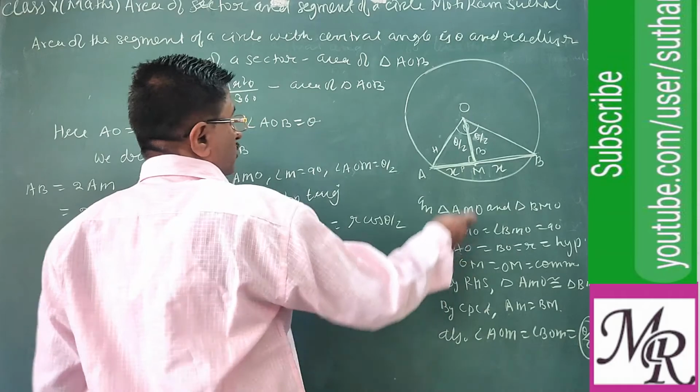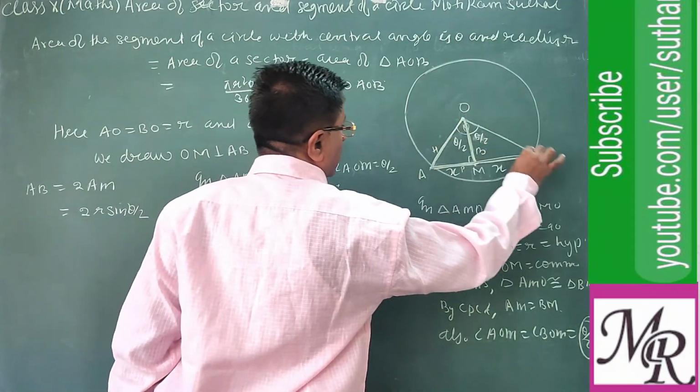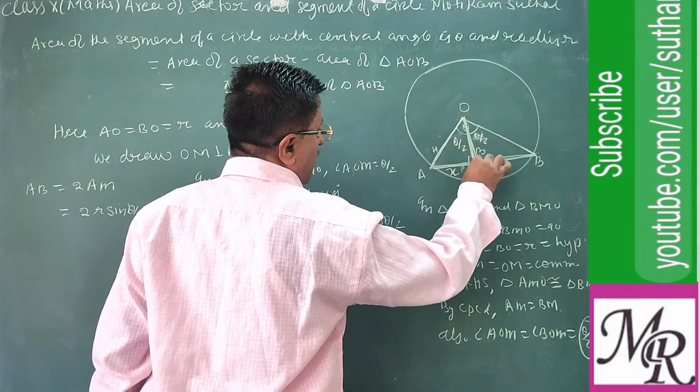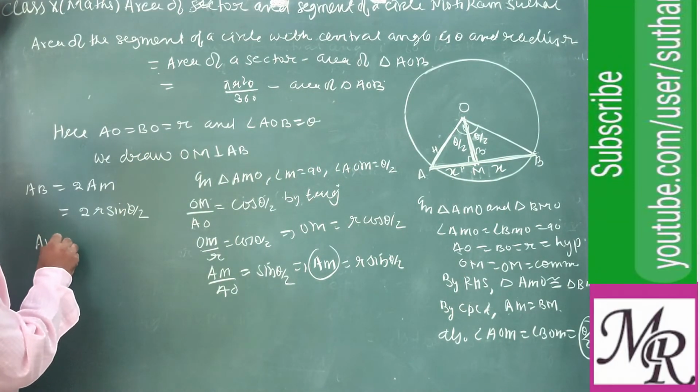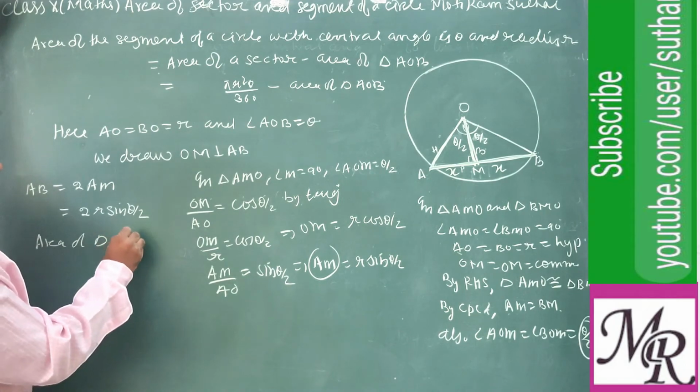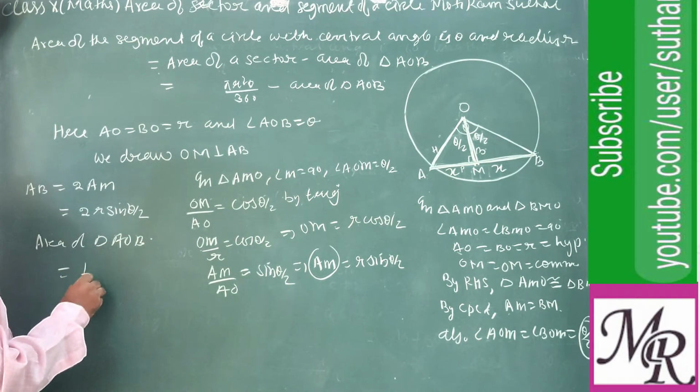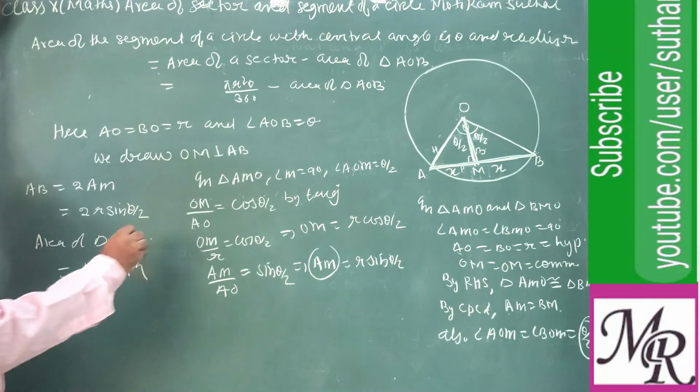Now we use the formula for this triangle. In this triangle, this is the height and this is the base. So the area of triangle AOB is one by two into base into height.